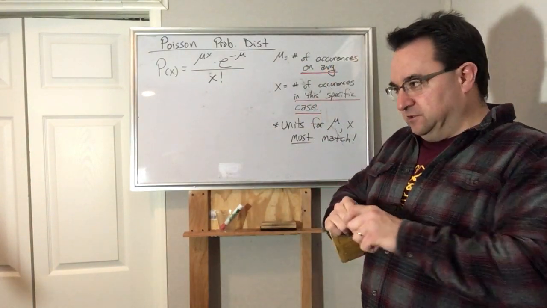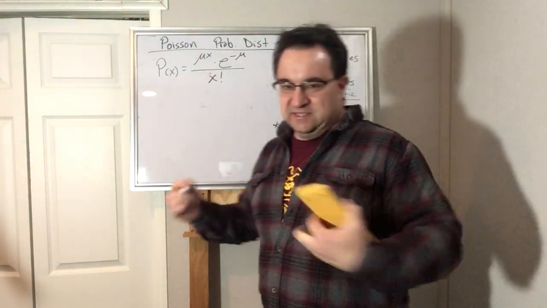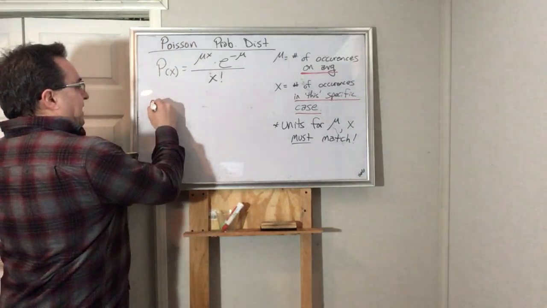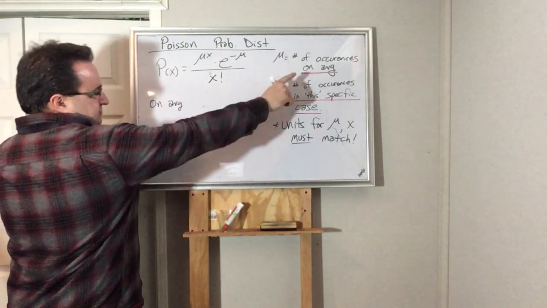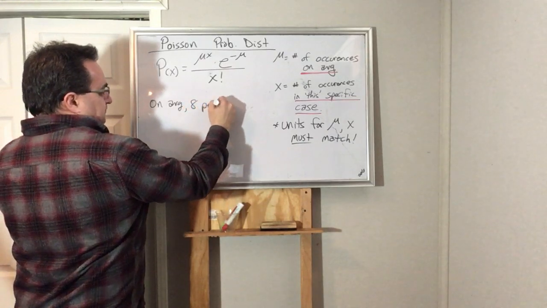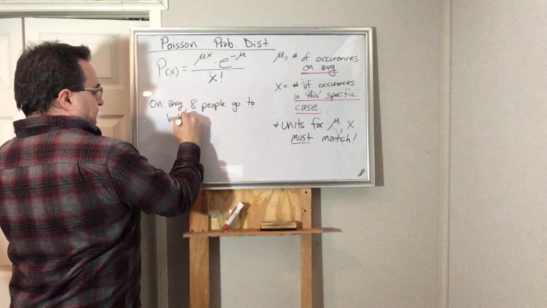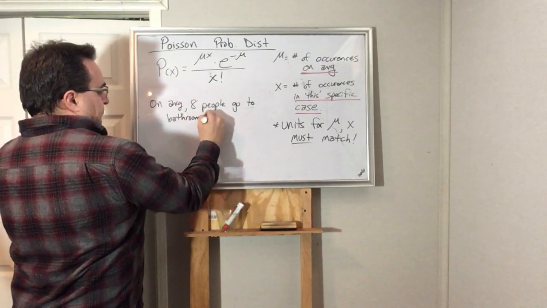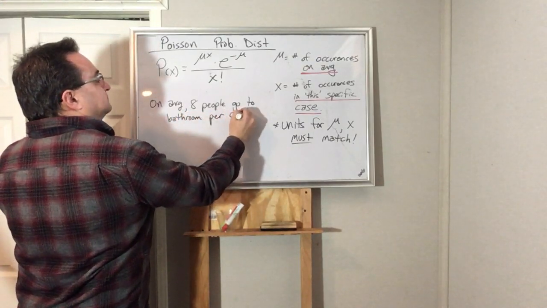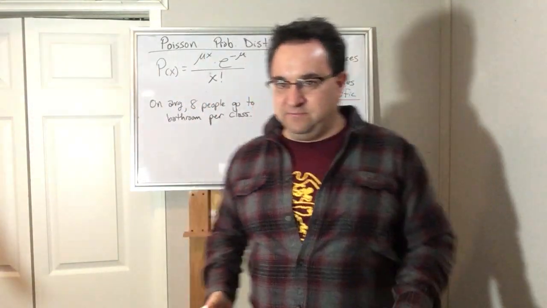An example to put it into my world would be, let's say, my high school classes, that on average, 8 people go to the bathroom per class. So first hour, 8 people go. Second hour, 8 people go.